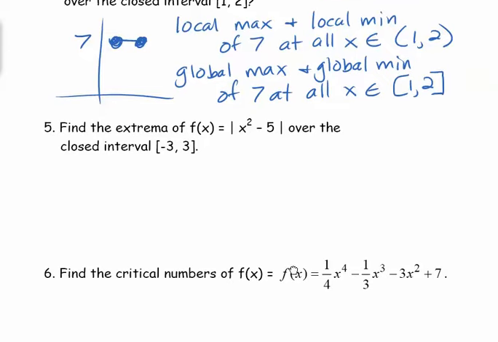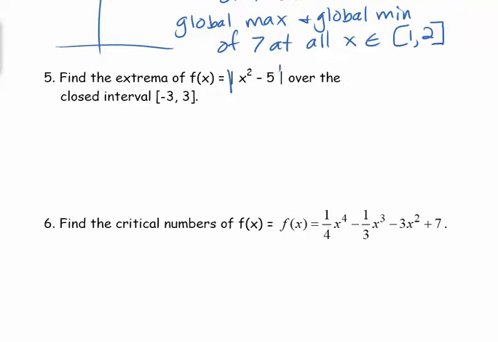All right, a reminder of what absolute value does to a function. So we know that x squared minus 5 would be this parabola with its vertex down here at -5, but the absolute value takes any of the coordinates that were negative and flips them up to be positive.